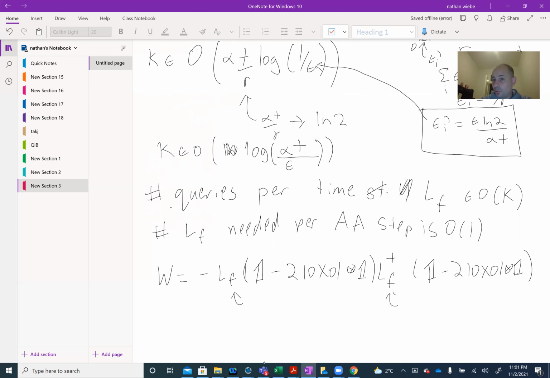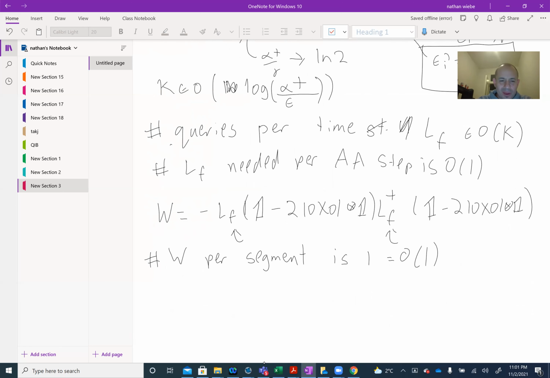Now, how many times do we need to do the walk operator? The number of walk operators per segment that we have is 1, which we can also write as order 1. And in our total evolution, the total number of segments that we have is r.